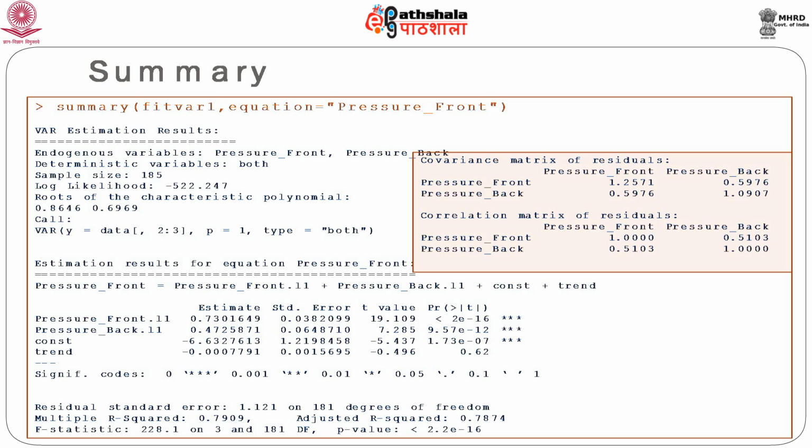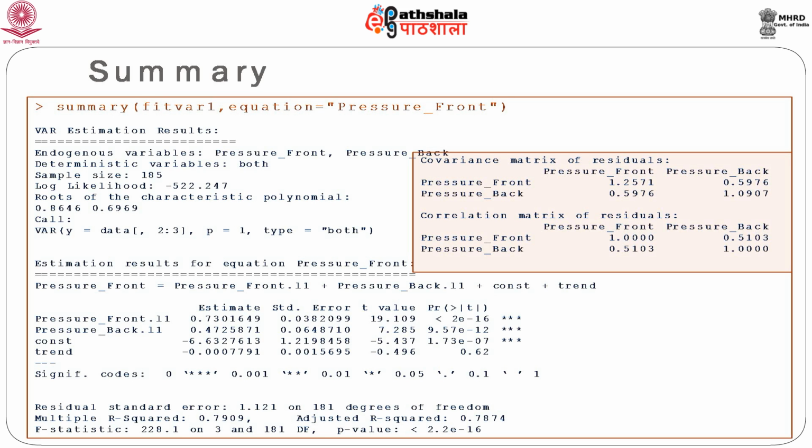The t statistics and the corresponding p values are provided here. The p values show that except for the trend, all other coefficients corresponding to the other variables are significant.